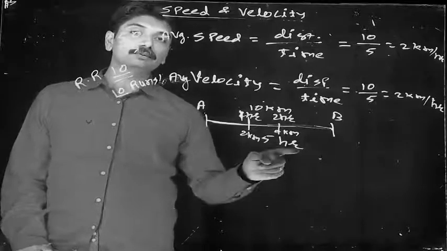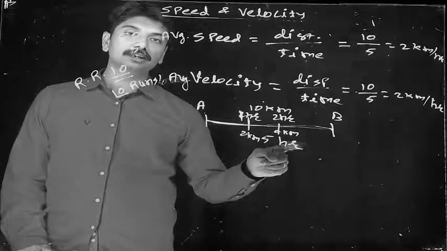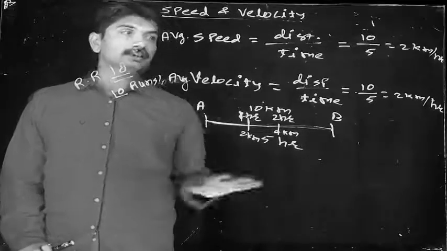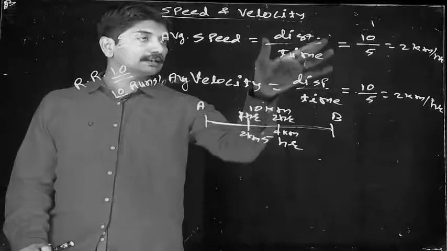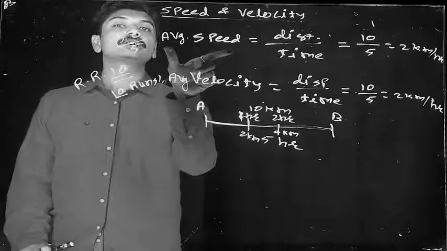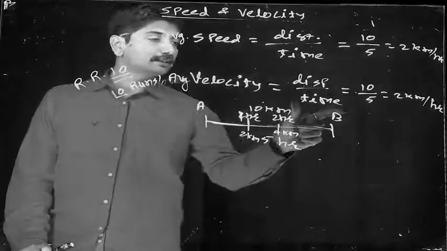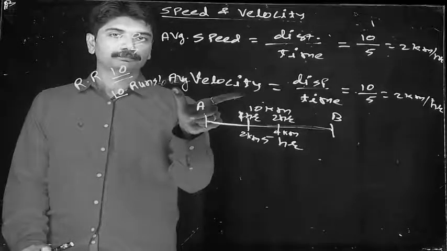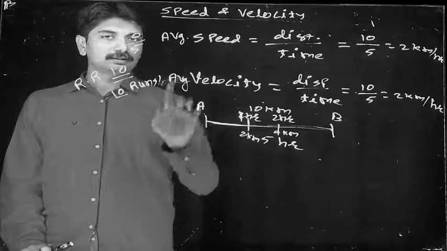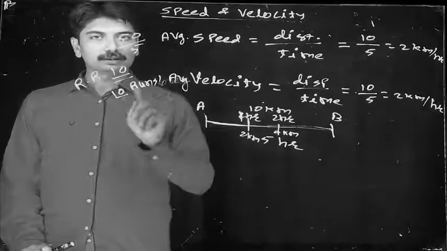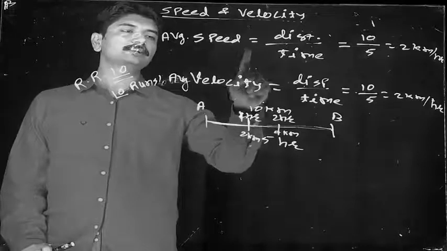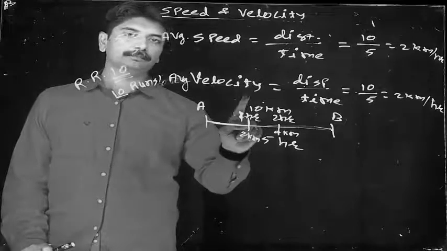For different time intervals during the motion, it may have different velocities and different speeds. Here we are talking about total distance covered divided by total time required, which is average speed, and total displacement divided by total time, which is average velocity. So whatever we have studied till 10th was average speed and average velocity.